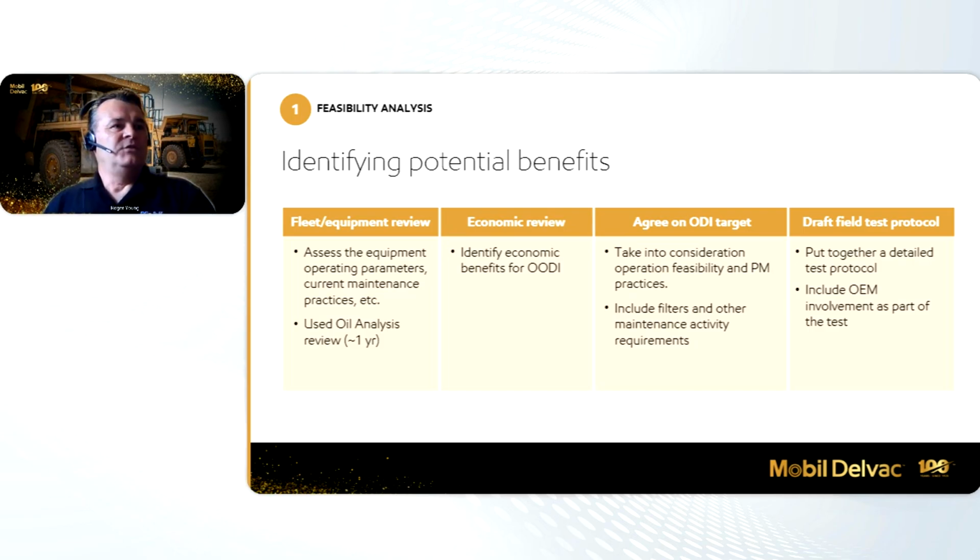So identifying potential benefits. First of all, we've got to look at the equipment. We've got to look at what the customer is doing right now. So we've got to assess how you're operating, how you're doing your PM schedules, what's happening today, and it's really great to have at least 1 year of used oil analysis. Even more is even better.